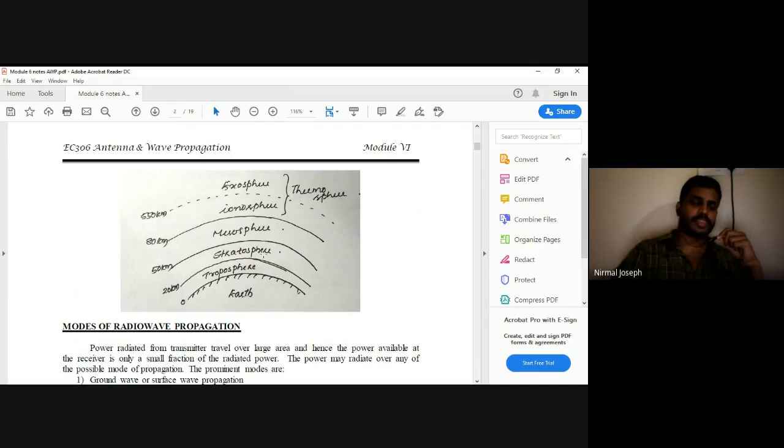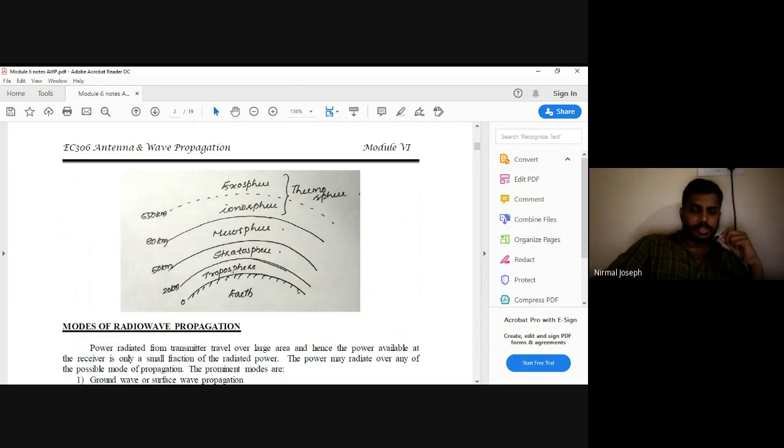First, we will study the troposphere. As you already saw in the diagram, it is the immediate atmospheric layer above the Earth. The troposphere ranges up to a height of 20 kilometers from the surface of Earth, or mean sea level, which is our reference height.